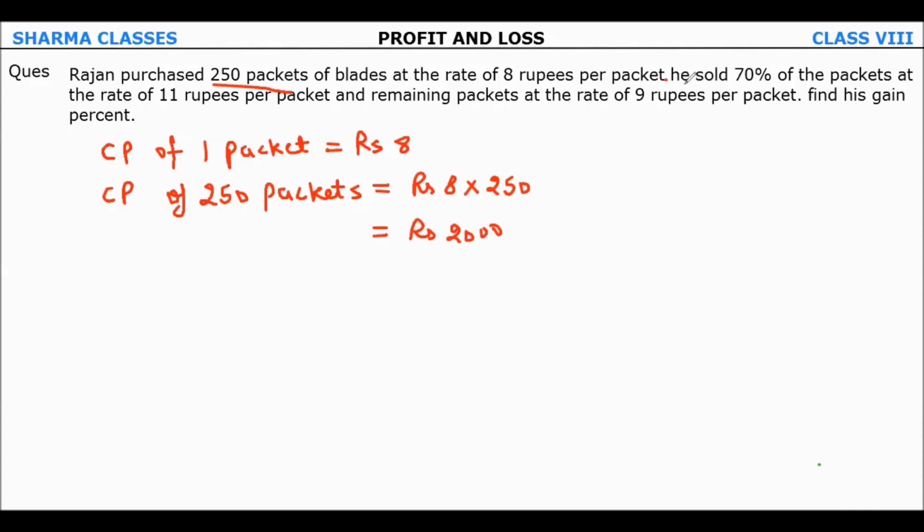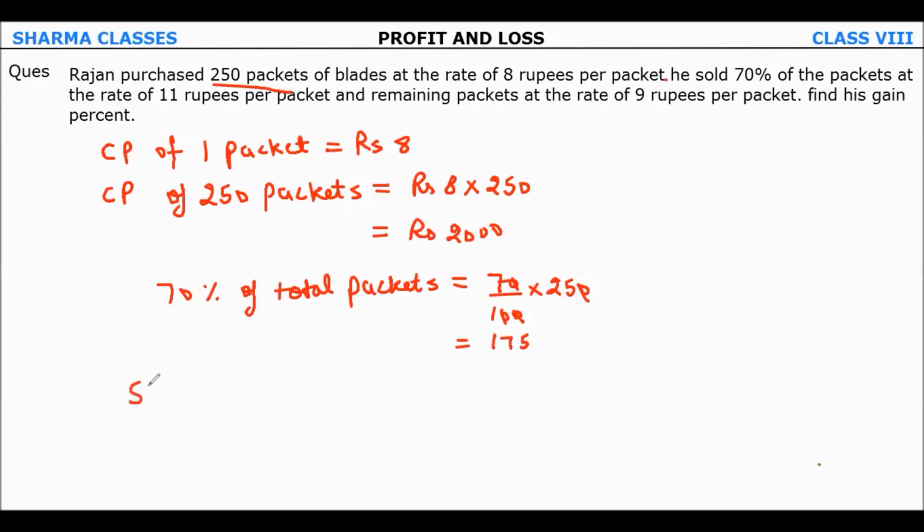Further the question says he sold 70% of the packets, meaning 70% of the total packets. So 70% of the total packets will be 70 by 100 into 250, and when we solve it we get 175. That means 175 packets have been sold at the rate of 11 rupees per packet.